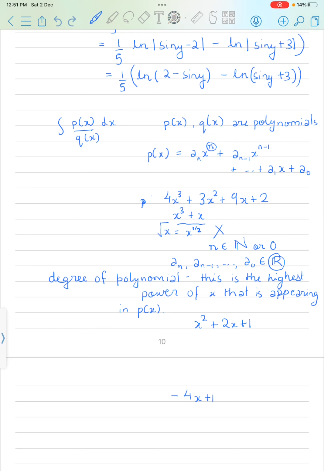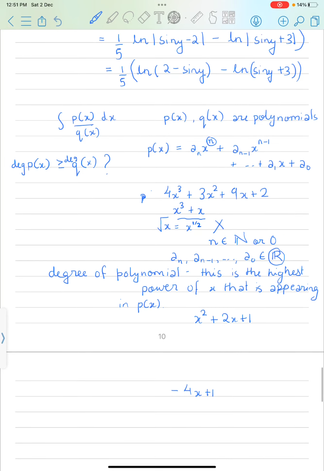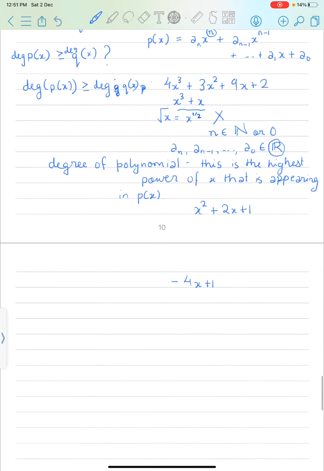So first you need to check whether degree p(x) is greater than or equal to degree of q(x), yes or no. If degree of p(x) is greater than or equal to degree of q(x), you divide it.